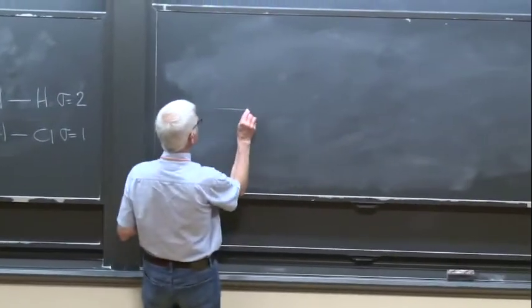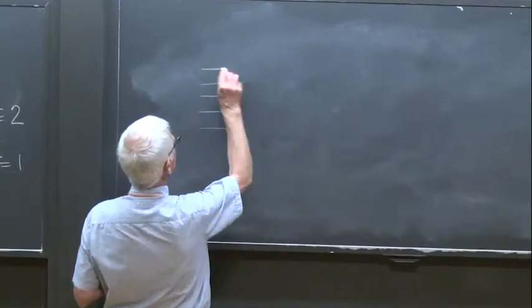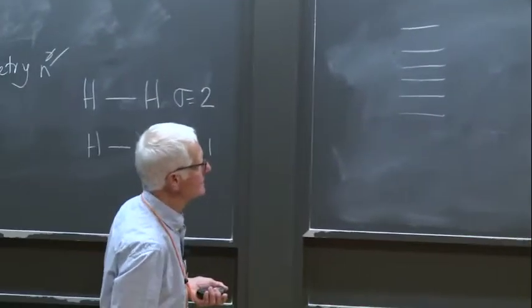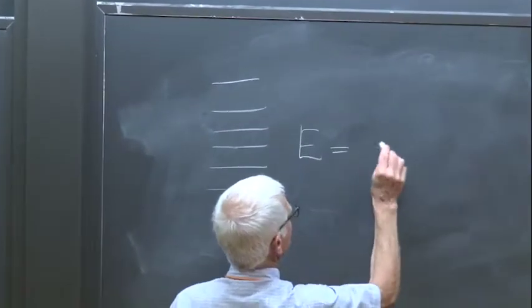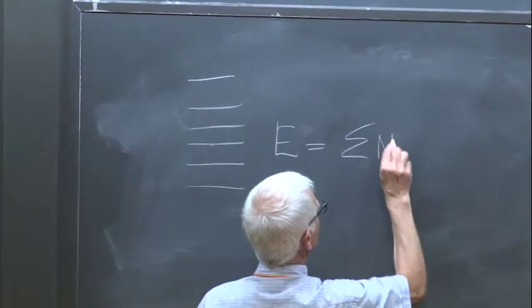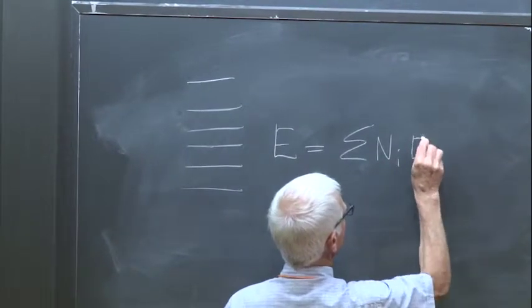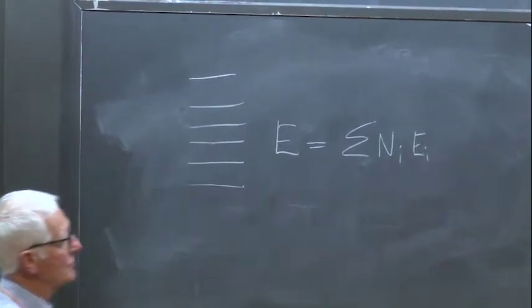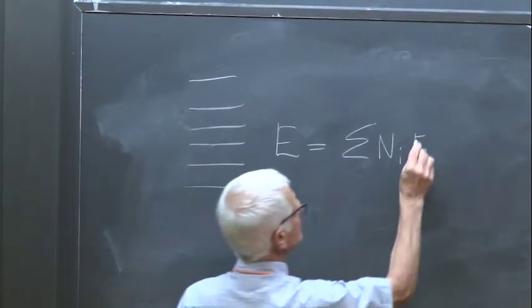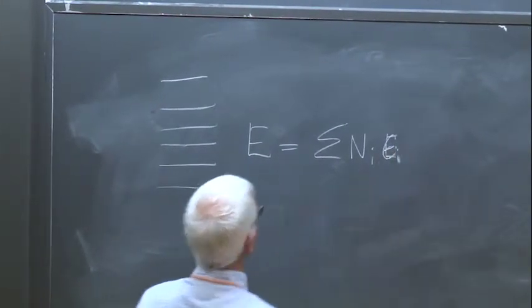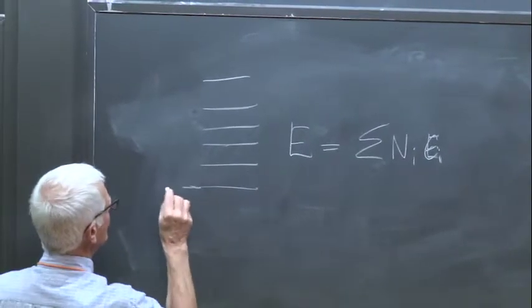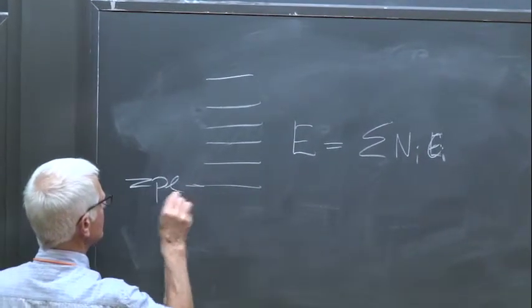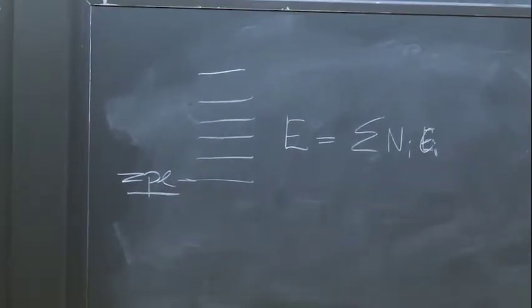So what we've got is a set of energy levels, and the energy is given by the sum of the number of molecules in each energy level multiplied by the energy of that level. Let's call it epsilon i. And so that's the energy of this molecule referred to ZPE, the zero-point energy.